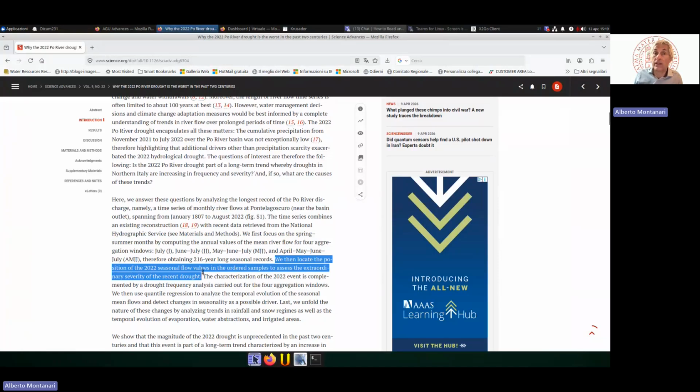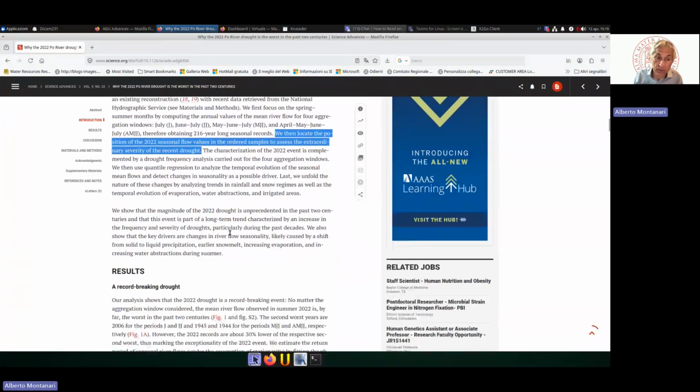We look at the river flow in selected seasons, and we look at the severity of the 2022 drought by comparing the seasonal flows of 2022 with the seasonal flows of the whole time series. And this is enough for me. I already understood what is the methodology: time series analysis, comparison of what happened in 2022 with the previous history of the Po River.